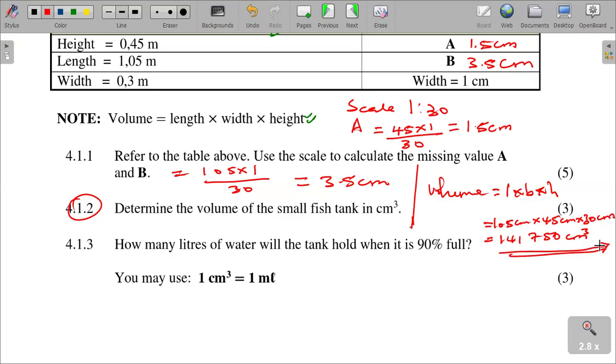So this is the one that I skipped to, and I've worked it out there. This is determining the volume, which is question 4.1.2.